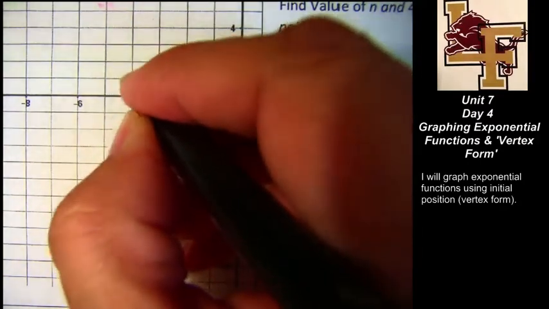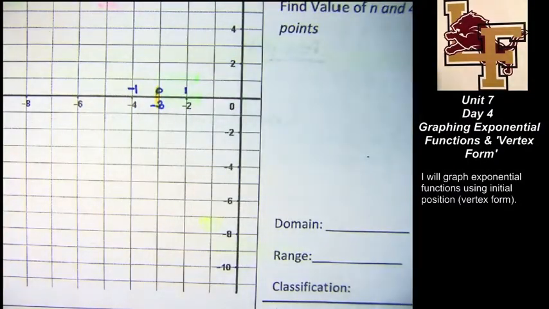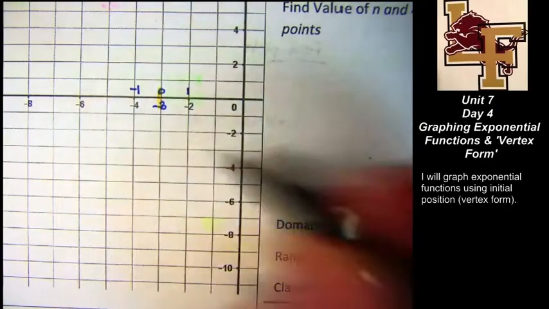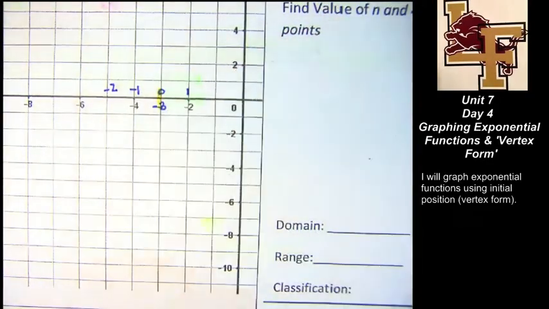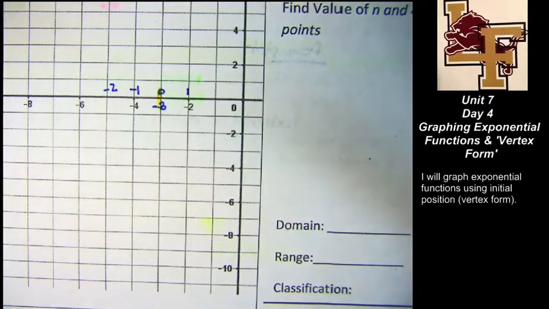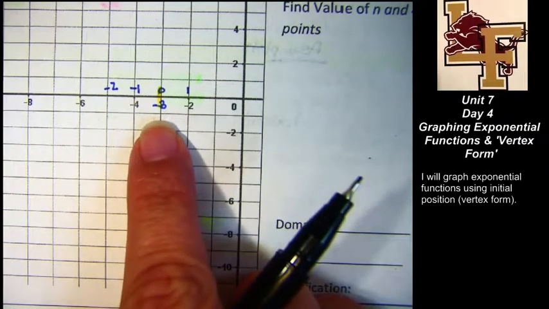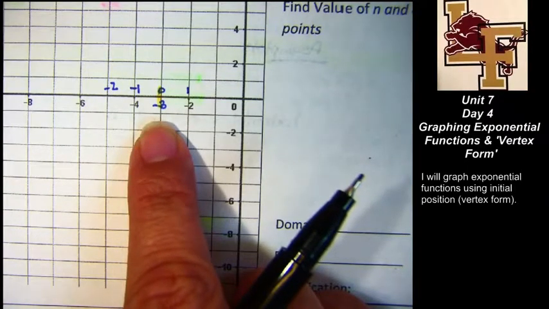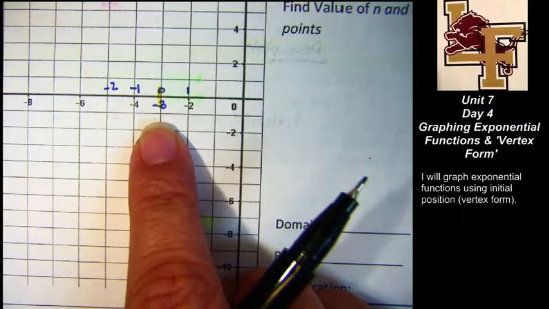-1. And if I move 1 more to the left again, I should be at -2. This is a really easy way to not have to think about what the exponent is going to be. Once you find your 0, you know that 1 to the right is an exponent of 1, and 1 to the left of whatever value makes your exponent 0 is negative 1.